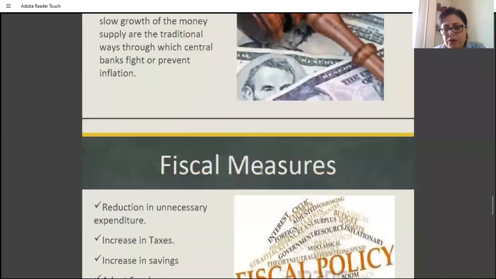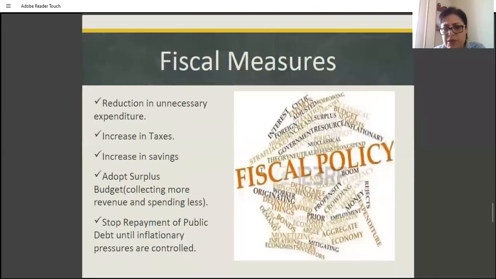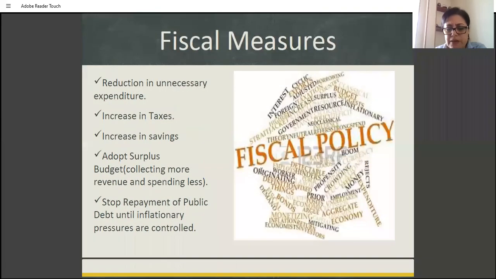The other one concerns fiscal measures. Fiscal measures basically imply the manipulation of taxes in order to form new incentives for entrepreneurs and businesses, to encourage them to produce more goods and services in order to support the paper money with a real amount of goods and services.